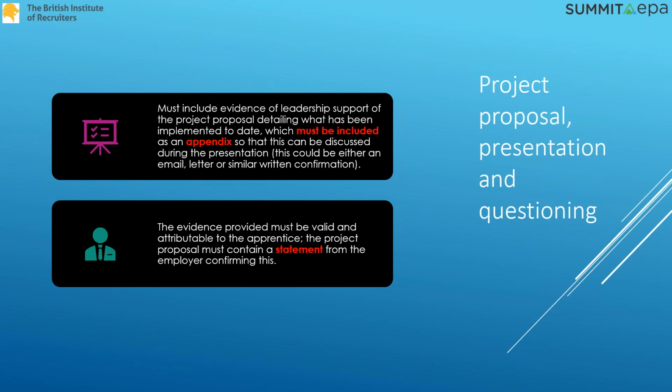Within Summit we will produce a document that will be available on Summit. So when the project proposal is submitted along with the presentation, there will be a form that has to be completed both by the apprentice and the employer, confirming that this piece of work is valid and attributable to the apprentice.